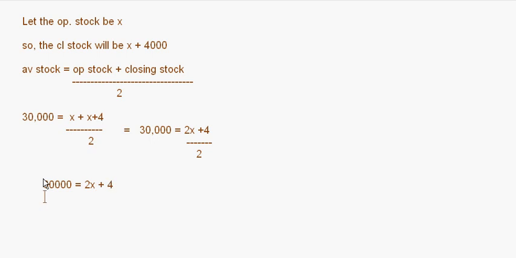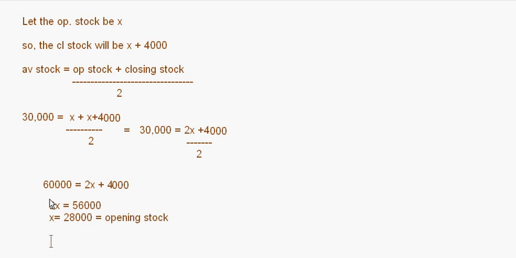So here it will be 4,000, not 4 here. This is here x plus x plus 4,000. So this is 2x plus 4,000, right? Okay. So 2x will be equal to 56,000. So x will be equal to 56,000 by 2, that is 28,000, and x is the opening stock.